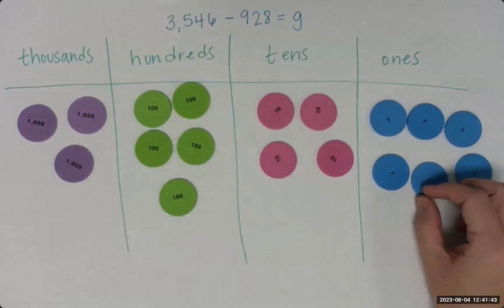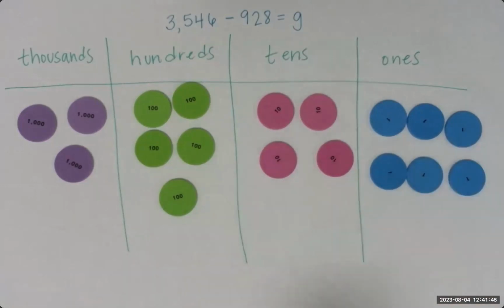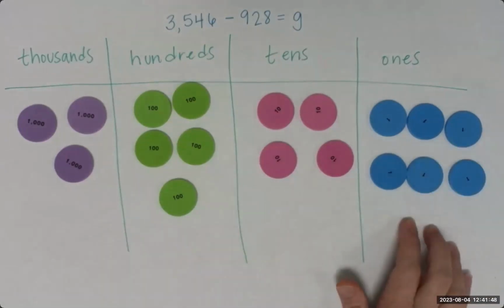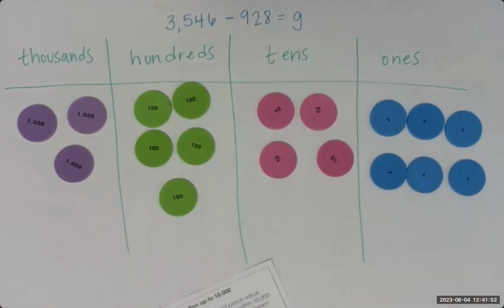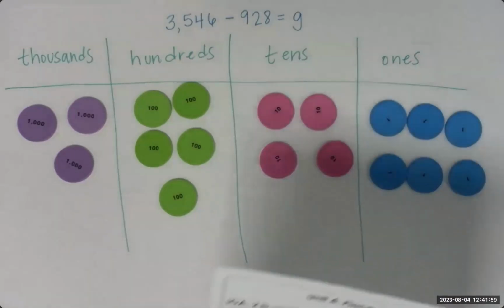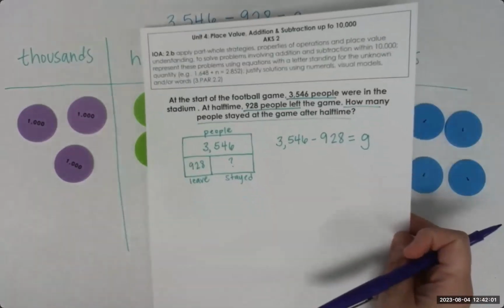Okay, so let's just make sure. I'm going to go ahead and we're going to write out the expanded form equation based on what we've built right here, just to make sure that we have built the correct thing.